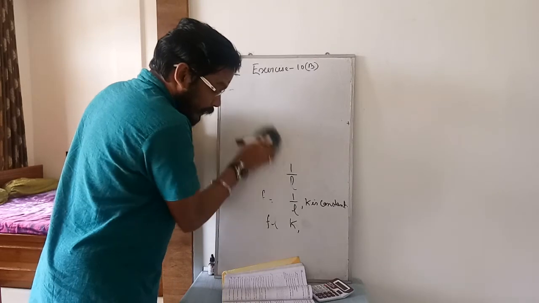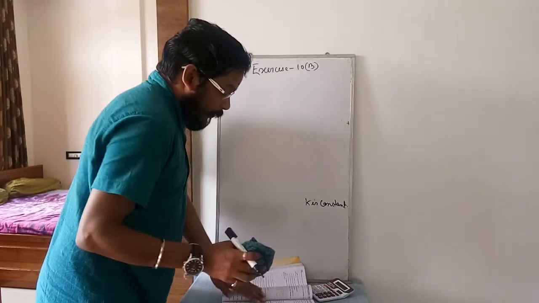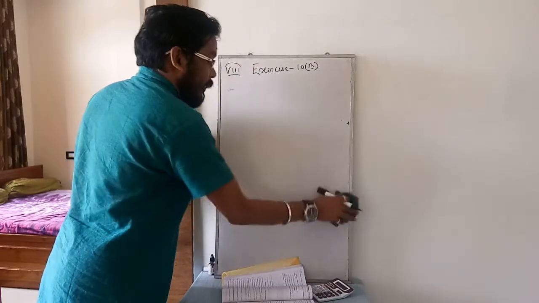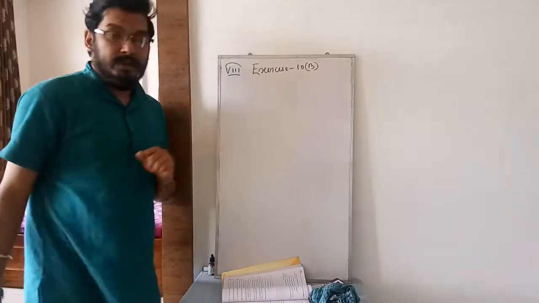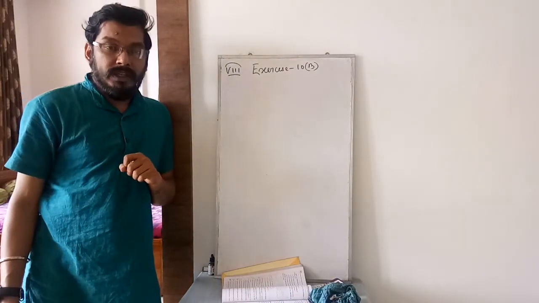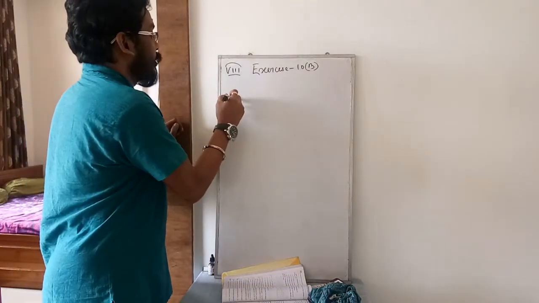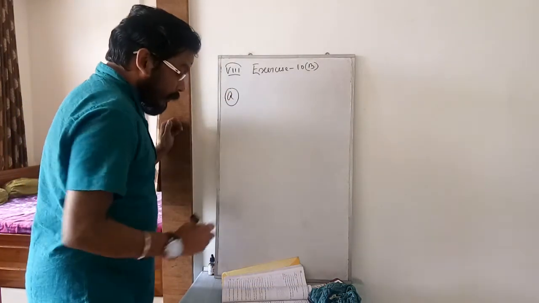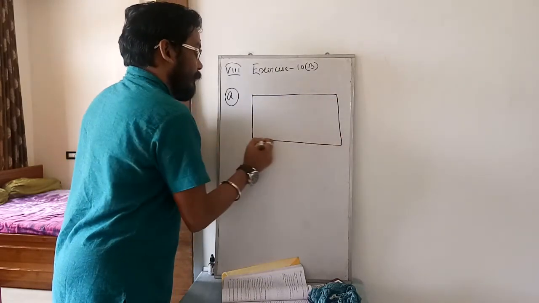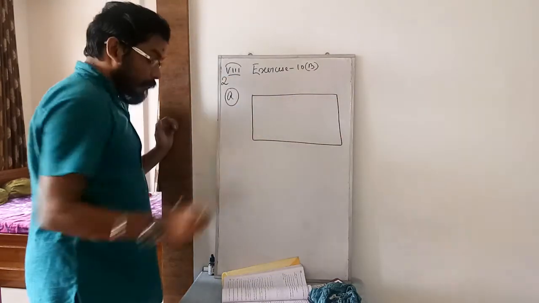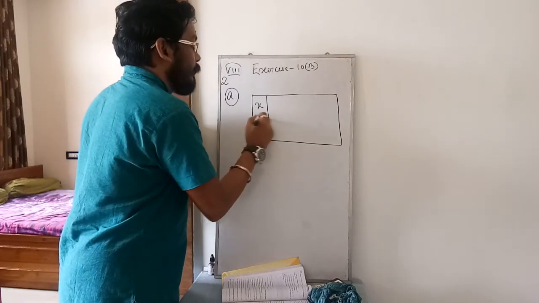Fill in the blanks in the following table by determining first whether x and y vary directly or inversely. So first you have to check what is the relationship between x and y, whether they vary directly or inversely. Let me make the first box 2a. Here it is x, here it is y.